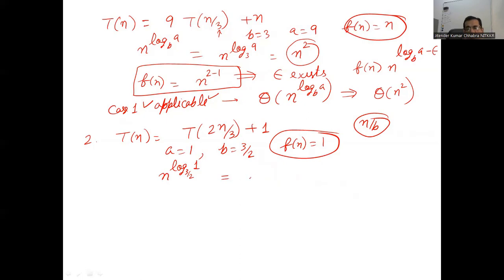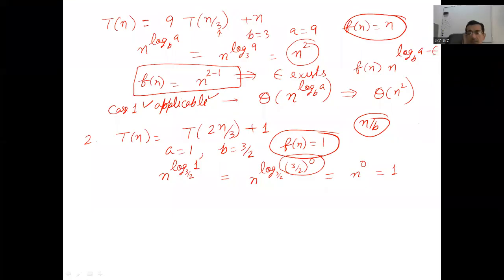I can easily say the log of 1 is going to be 0, since 1 can always be represented as (3/2) power 0, or any x power 0 as 1. So this becomes effectively n power 0, that becomes 1. So in this case this contribution is 1. f(n) is also exactly equal to 1, so both have equal contribution.